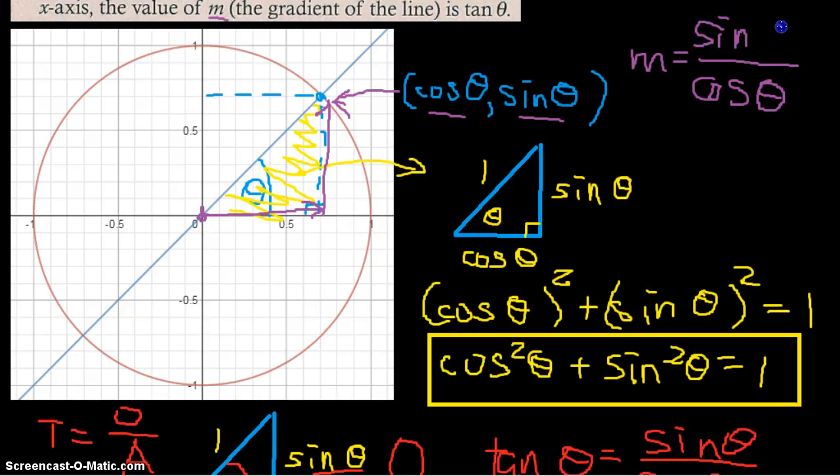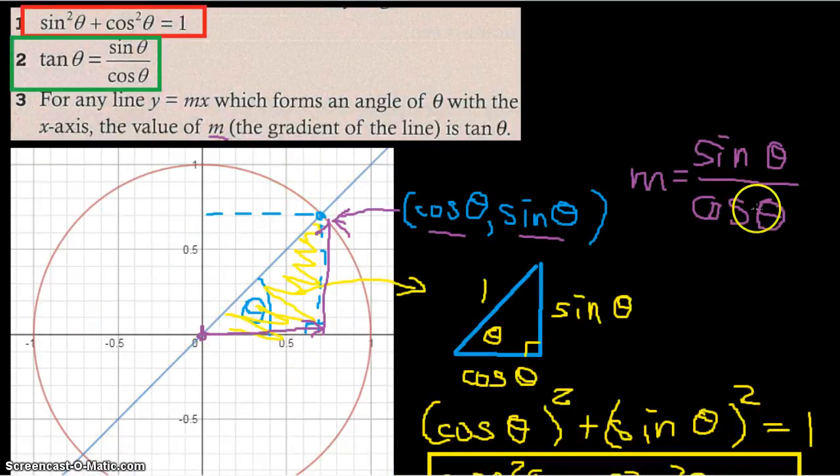And sine theta over cosine theta, as we saw when proving the second property, is simply tangent theta.